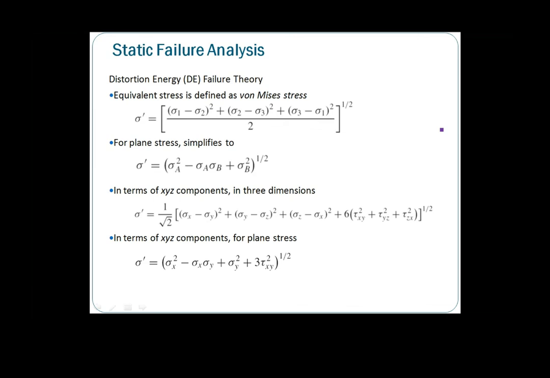That gives you what we call the equivalent stress. So if you are using this distortion energy theory, it leads us to our stress, sigma prime. This sigma prime basically involves your triaxial principal stresses in this case.